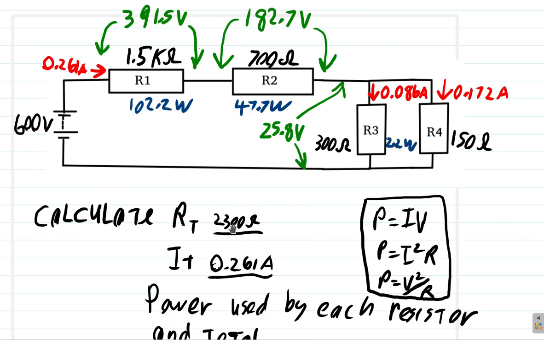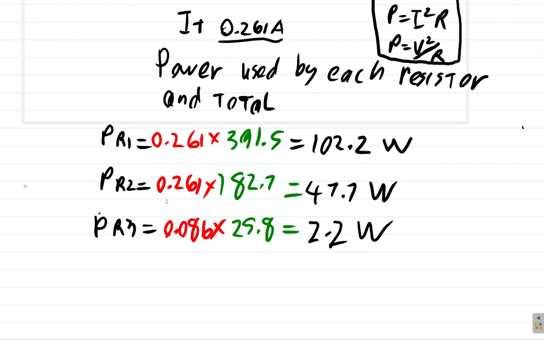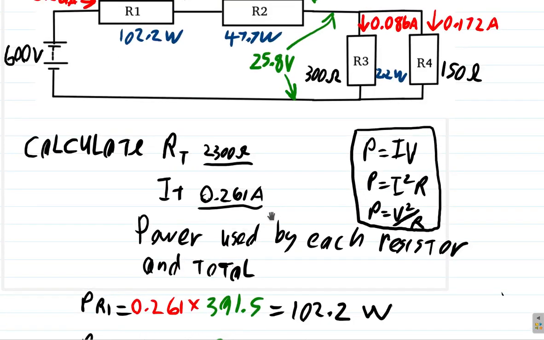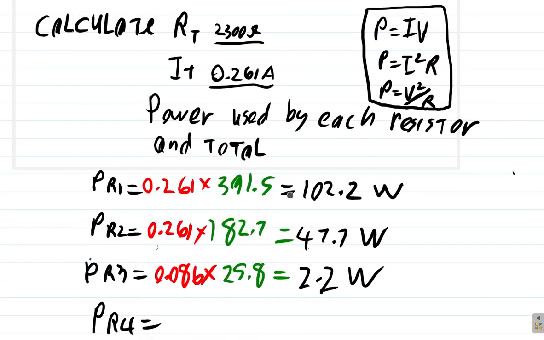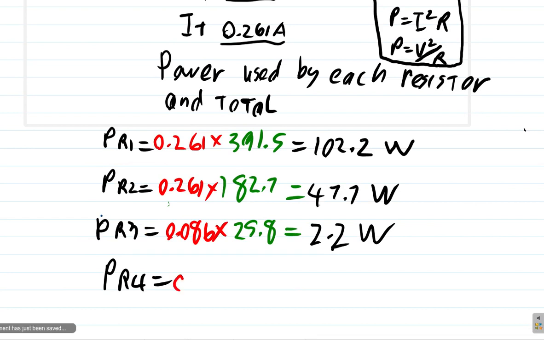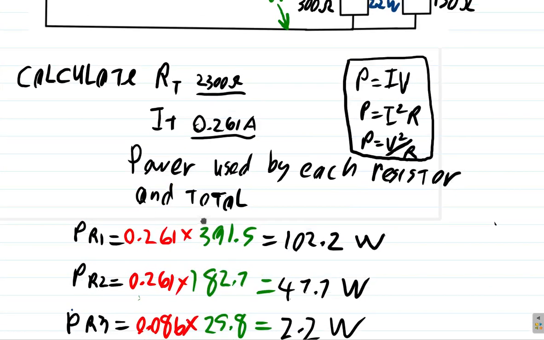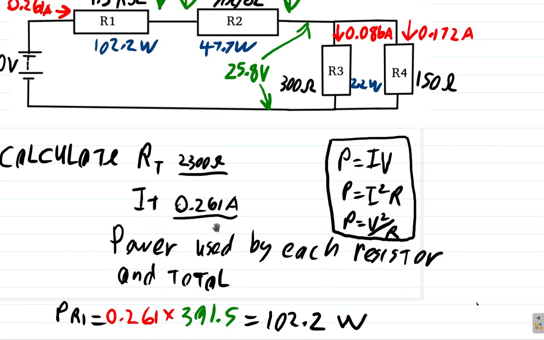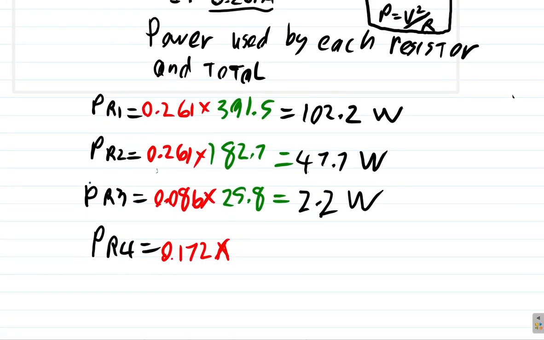What about R4 now? The power used by R4 equals, we have a current of 0.172 amps multiplied by the voltage drop of 25.8 volts, the same voltage.